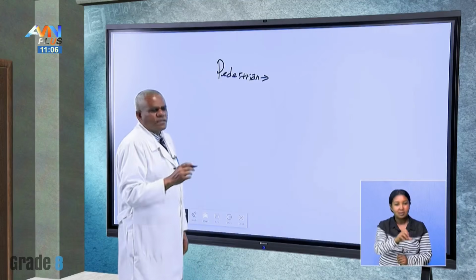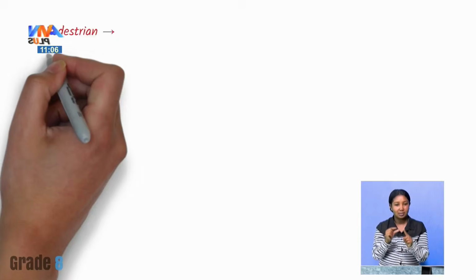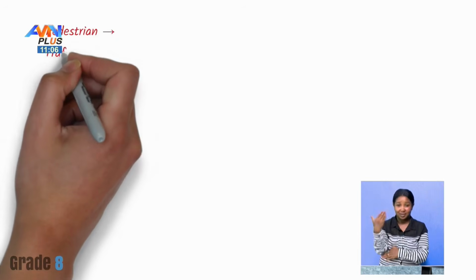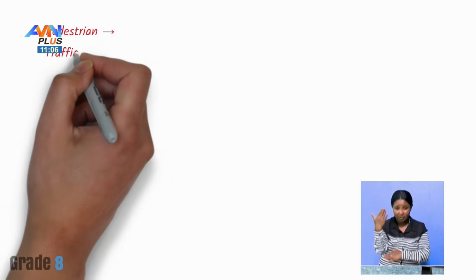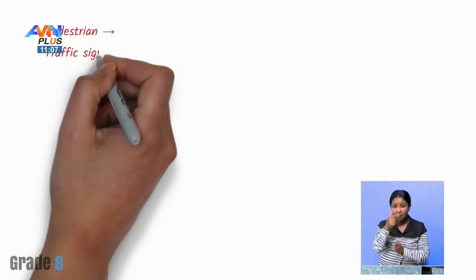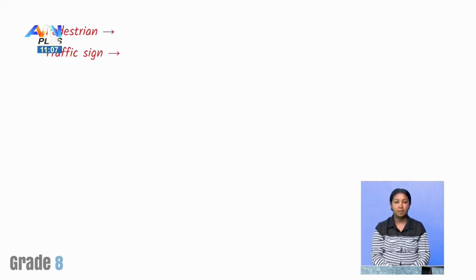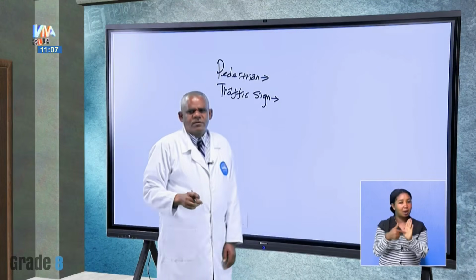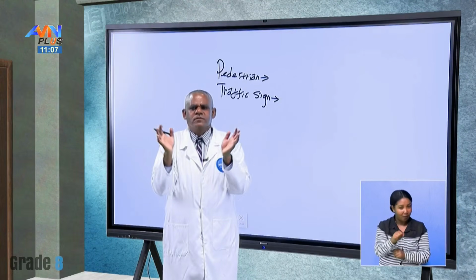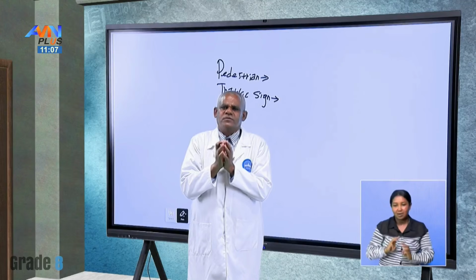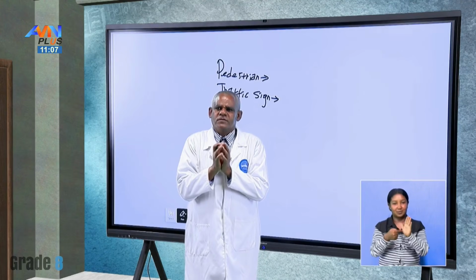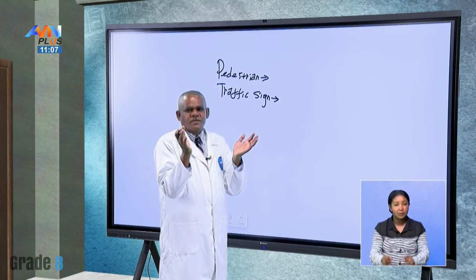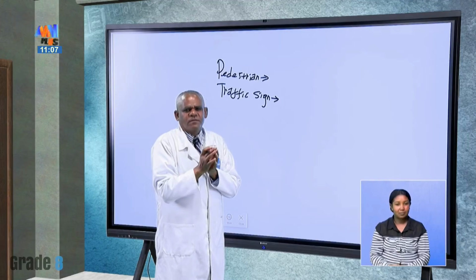The other thing is traffic sign. What do you mean by traffic sign? Traffic sign is common everywhere. When you go on a busy street, you are welcome to see these signs, different kinds of signs and posts. I'll give you some sample examples.